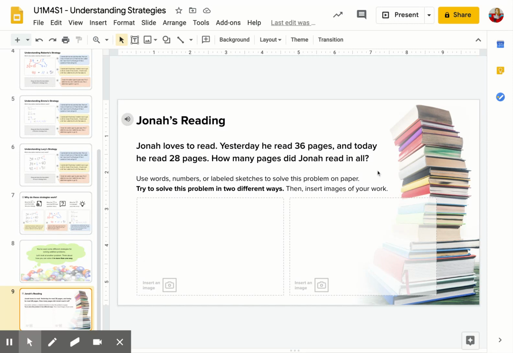So right now on your paper, you're going to go ahead and solve this problem in 2 different ways. And then you're going to put a picture of one of the ways here, and you're going to put your picture of the other way here.